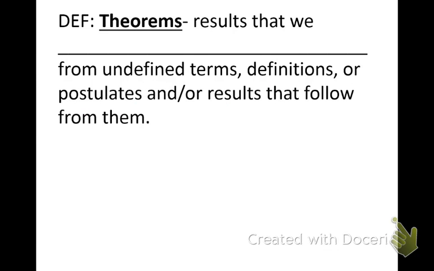Theorems are results that we deduce from undefined terms, definitions, or postulates, and the results that follow from them. Again, a theorem is something that can be proven. A postulate's not proven, a theorem is proven.